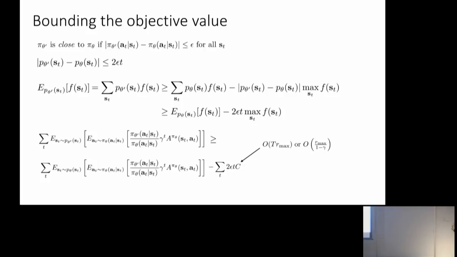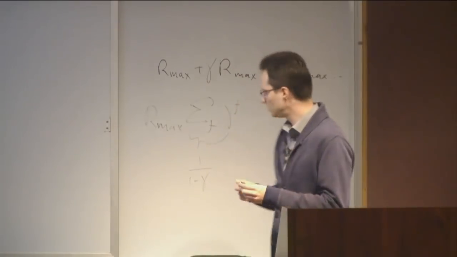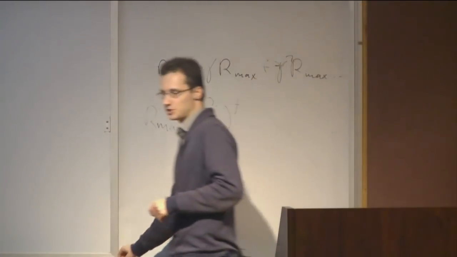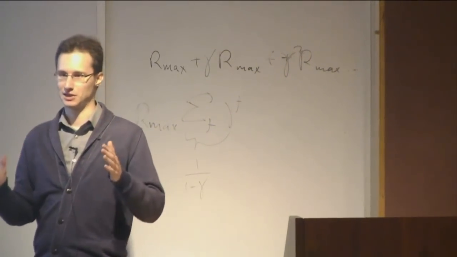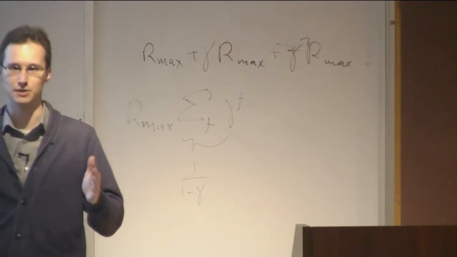But if you have a discount, then it's R max, gamma R max, plus gamma squared R max, and so on. So now you can take the R max out, so it's R max times the sum over t of gamma to the t. And this part is 1 over 1 minus gamma. So as a general rule in analysis of reinforcement learning algorithms, if you ever see 1 over 1 minus gamma, just mentally substitute horizon. 1 over 1 minus gamma means horizon.